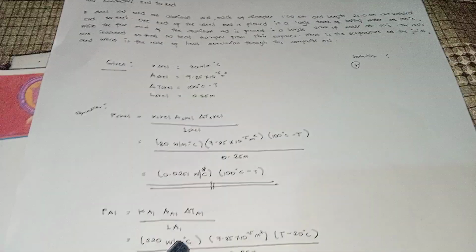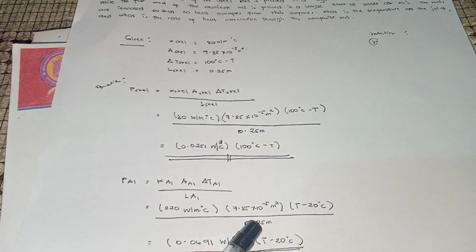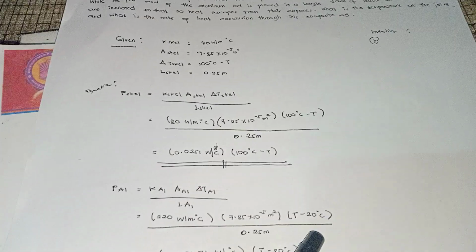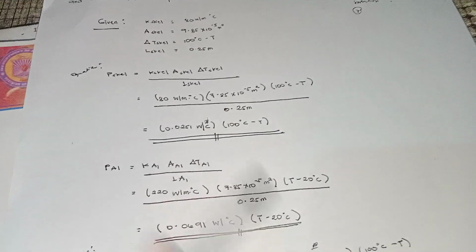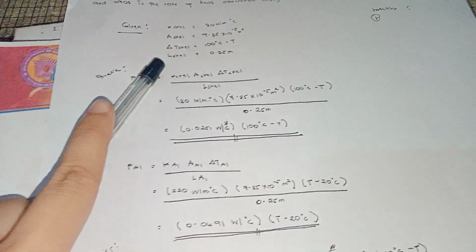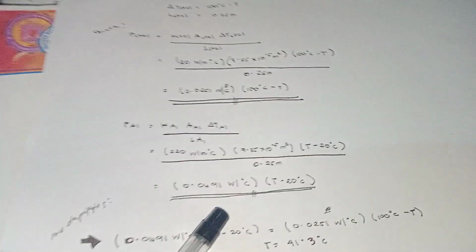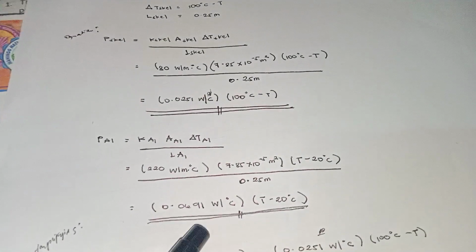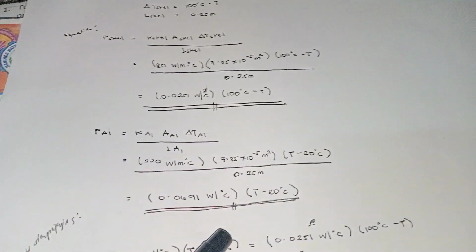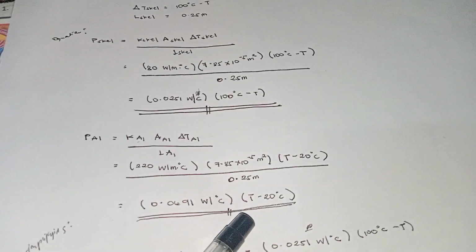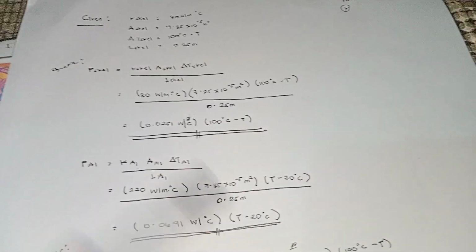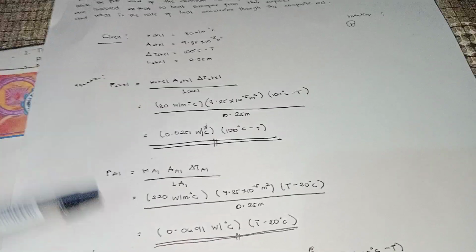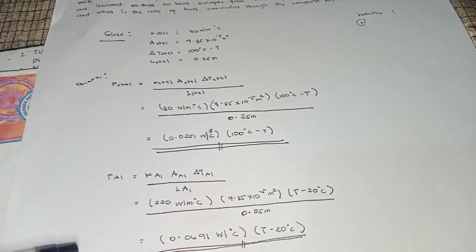So, we multiply the K aluminum, A, and delta T, and then divide by 0.25 meters, which is our L. So, we arrive at an answer of 0.0691 W per degrees Celsius. And then we copy L, the same process as for P steel and P aluminum.